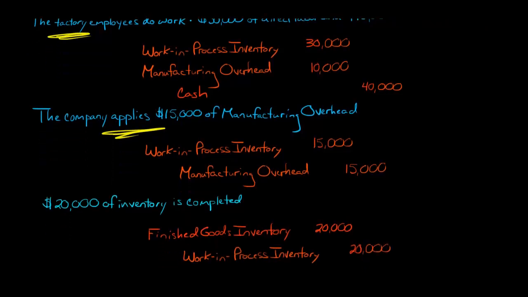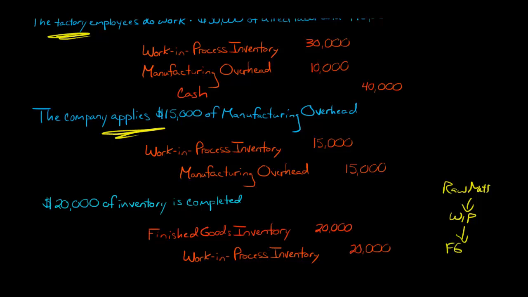Now, final part. At some point, we complete some of the inventory, right? And eventually we'll complete all of it. But let's just say for right now, we finished up $20,000 worth of inventory. Remember, we originally got rid of the raw materials, and then we said, now we've got some WIP, some work in process. But now it's no longer in process, it is finished goods.